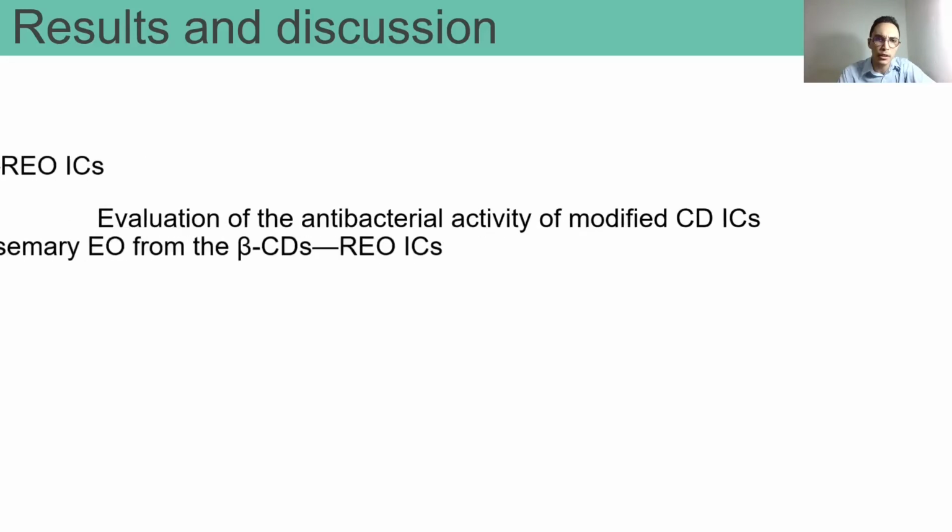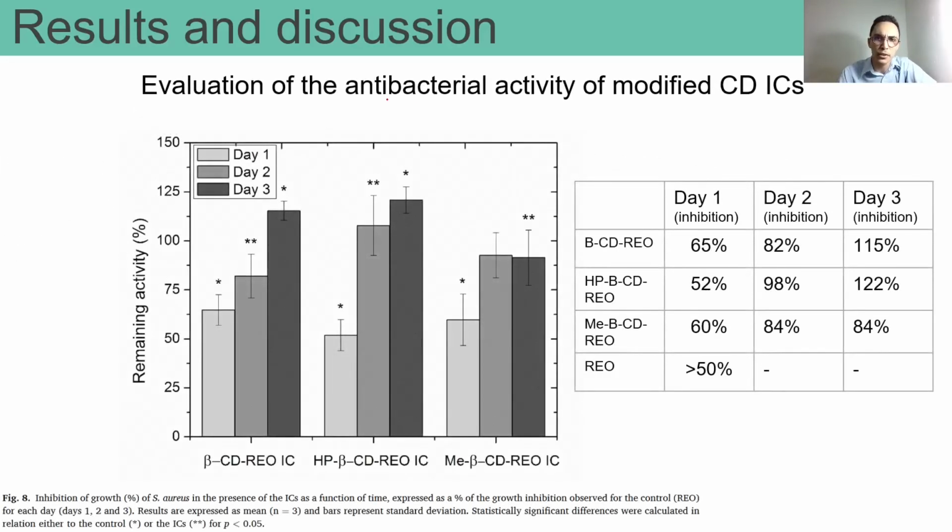And to finalize, we're going to talk about the evaluation of antibacterial activity of the modified cyclodextrin inclusion complexes. This graph shows us the difference. On day one, the inhibition of growth of Staphylococcus aureus for the beta-cyclodextrin essential oil release was 65%, day two was 82%, and day three was 150%.